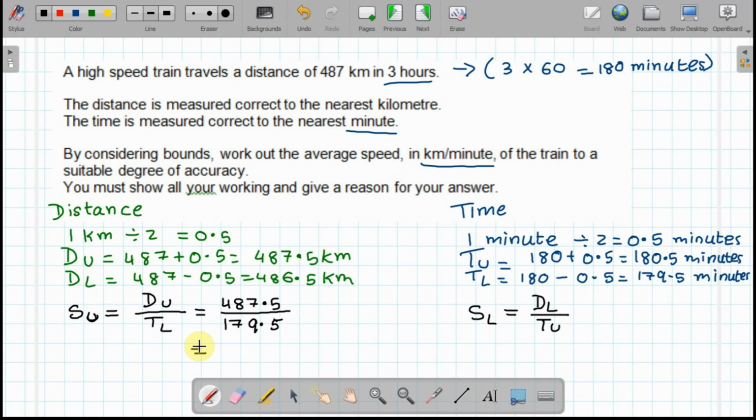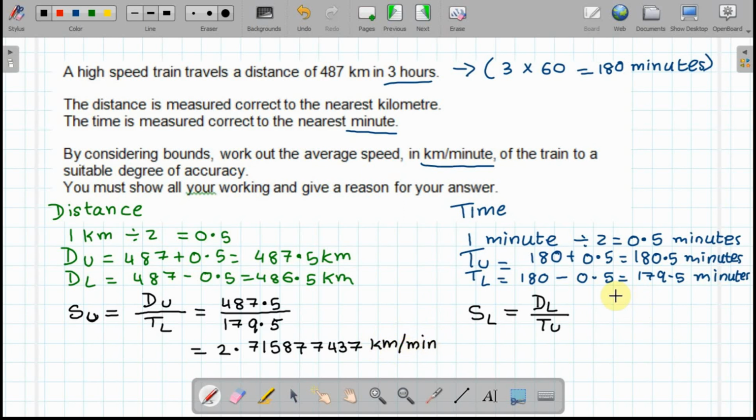So I don't need to make any conversions now. So let me type this in my calculator. Let's see what I get. Get a really long number. I get 2.715877437 kilometers per minute.